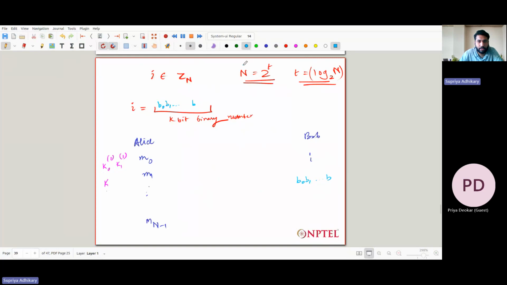So it should be bt. The pairs are k0t, k1t. So this is what Alice would generate.